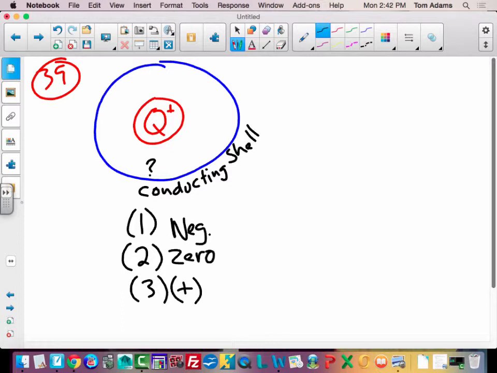So if it's a positive charge, and we talk about the electric field, it is going to move away from that charge. But what happens to the shell? And it says the inner surface of the shell.